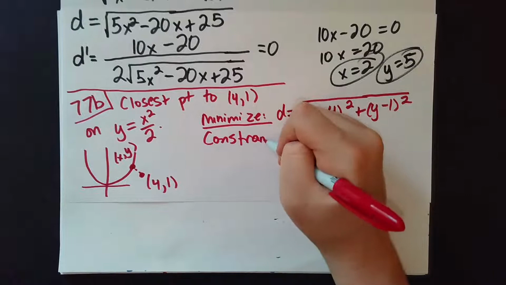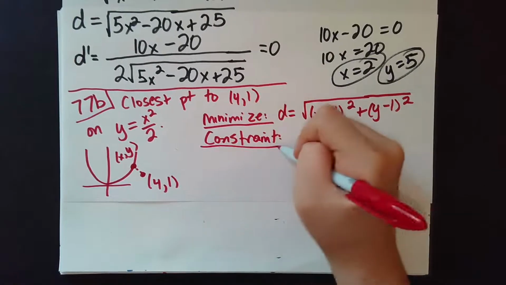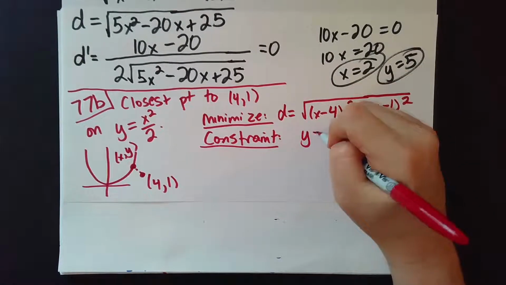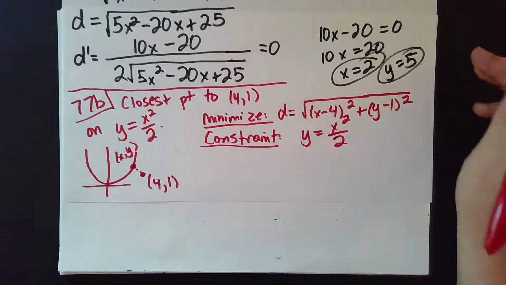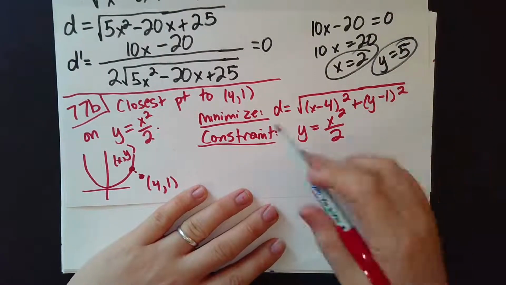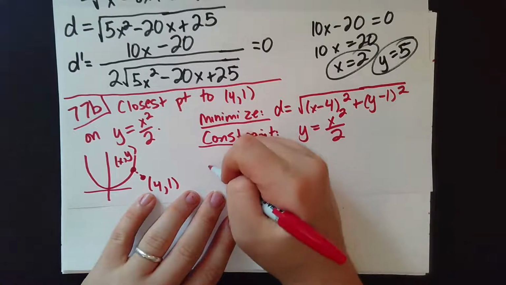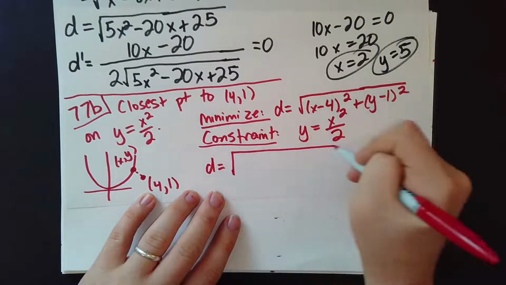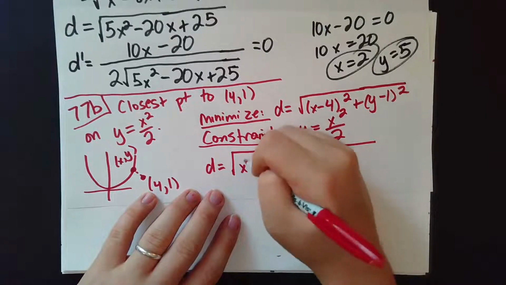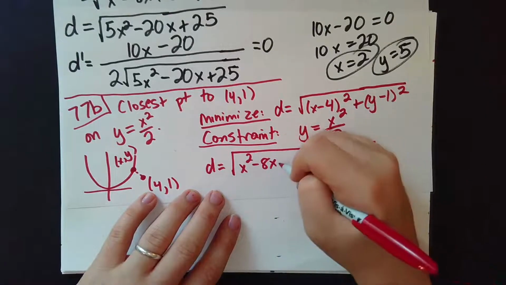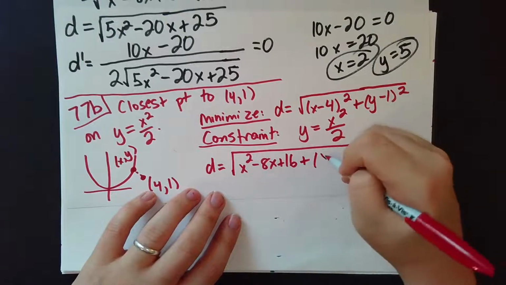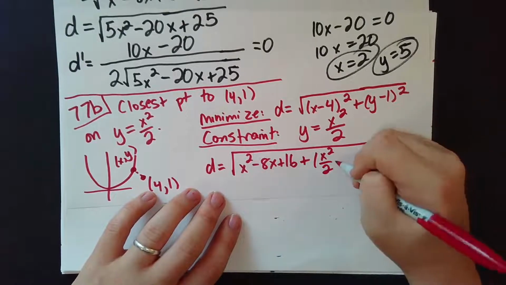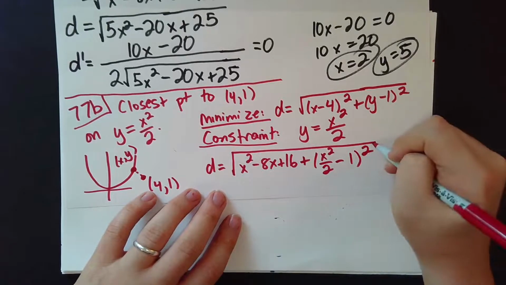My constraint is, again, that the point is on the graph. So in this case, the constraint is y equals x squared over 2. And so I can go ahead and substitute that back in. So that is going to give me the square root of x squared minus 8x plus 16 plus, and then this will be x squared over 2 minus 1 squared.